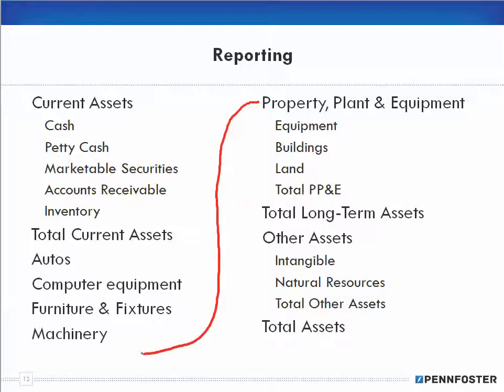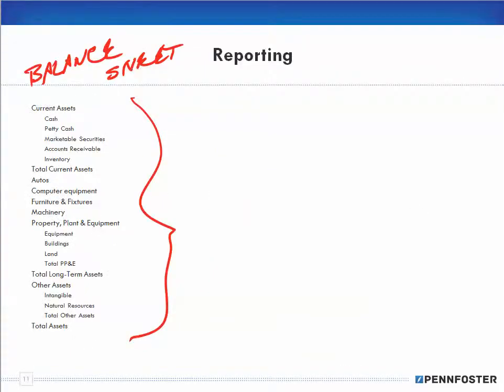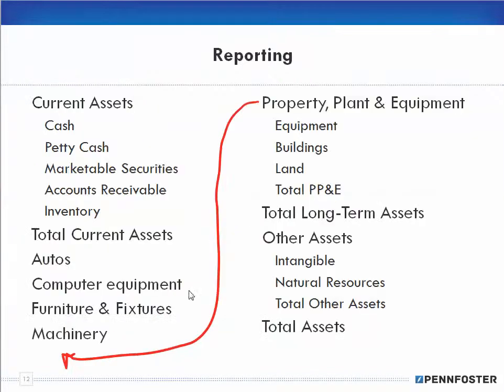This property, plant, and equipment came underneath machinery. So if you look up here, you can see where property, plant, equipment, and machinery is. All I did was move these over here on this next slide, so they're easier to read.